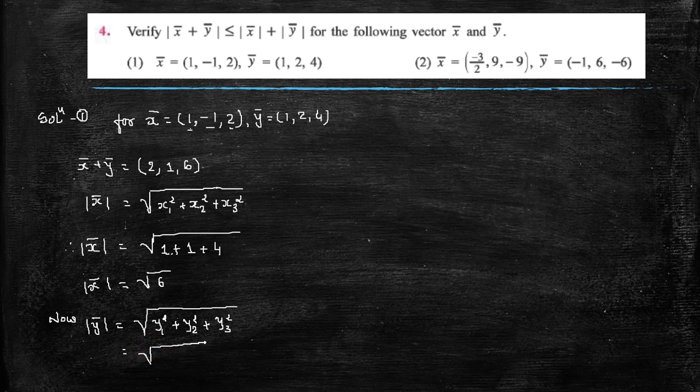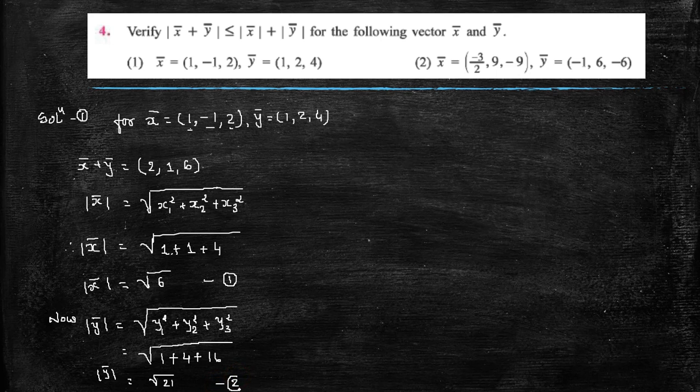And what is y1 square? 1. Plus y2 square is 4, absolutely right. Then 16. That means the magnitude of y is root 21, right? So this is what we have, equation 1.